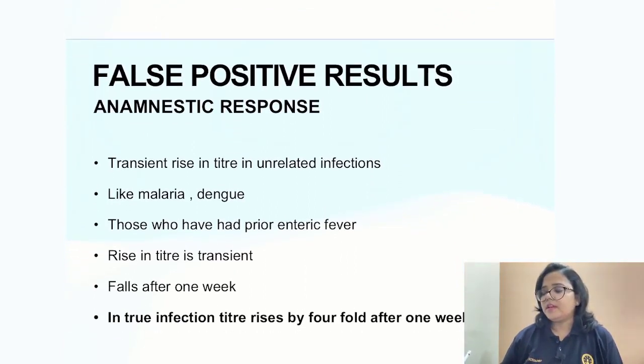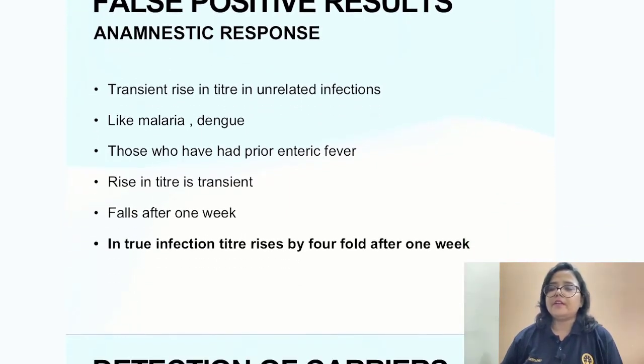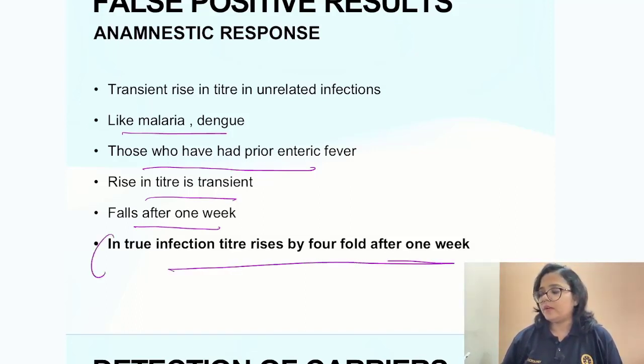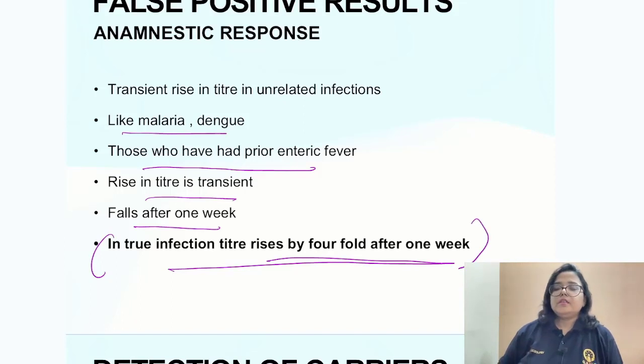This is seen when there is a transient rise in titer in unrelated infections like malaria, dengue, and in those who have had a previous history of enteric fever, and the rise in titer is very transient, it falls after 1 week. In true infection, titer rises by 4-fold after 1 week. So this is anamnestic response.